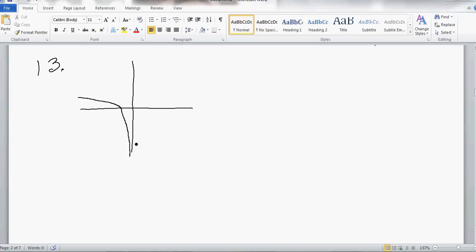Well, that throws out A, that throws out B, and that throws out D. The only answer is C. So see, most of the time, if you look at where it's reflected and what the vertical asymptote is, you don't have to worry about any shifts. Almost. That's almost always true.